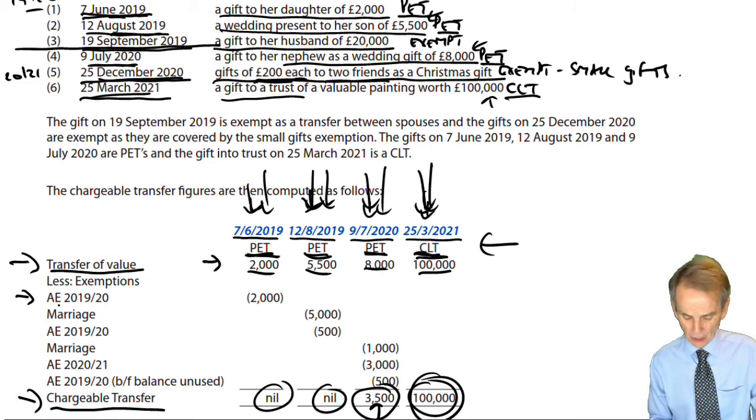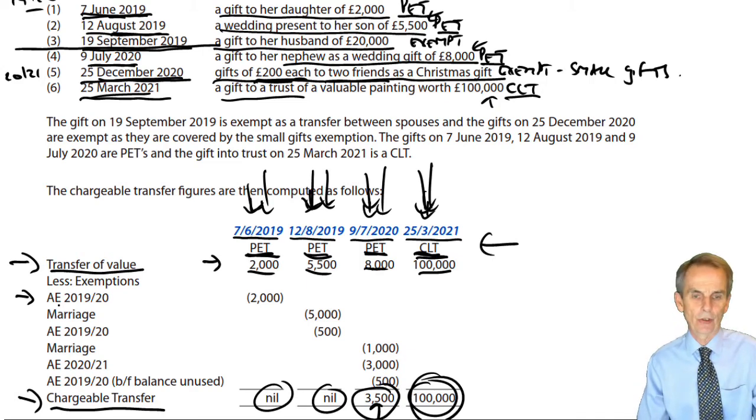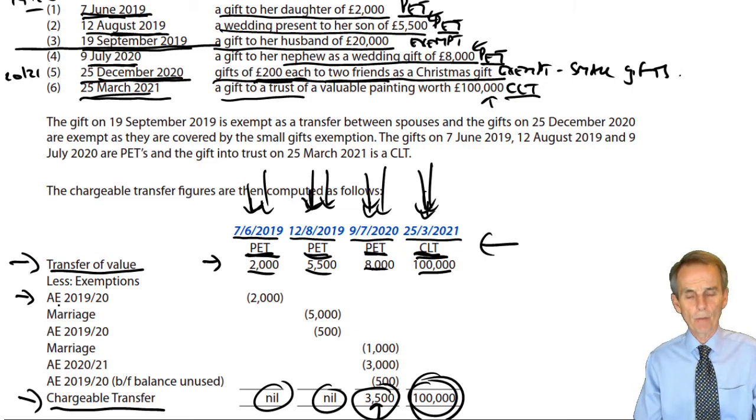Now then, there was no mention of any earlier transfers having taken place, and that therefore may very well mean, it may be more explicit in another question, that there were no transfers in the preceding tax year. So back in the 1819 tax year, there were no such lifetime transfers, which would mean that we have an unused annual exemption brought forward from the preceding year.